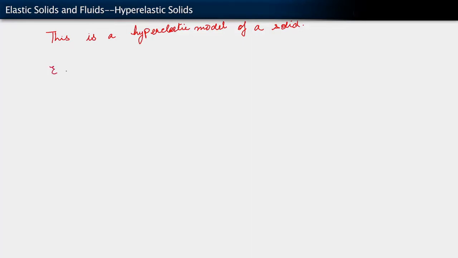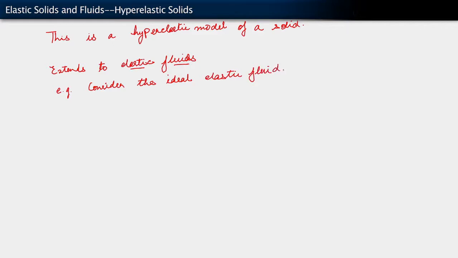So this idea extends to elastic fluids, and as an example, let's consider the ideal elastic fluid, where we saw that we had sigma equals the pressure as a function of the density multiplied by the isotropic tensor. Okay?